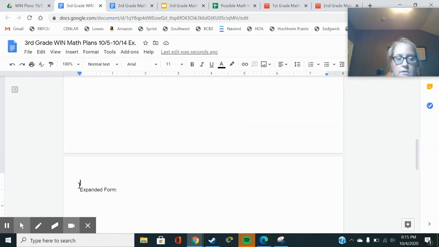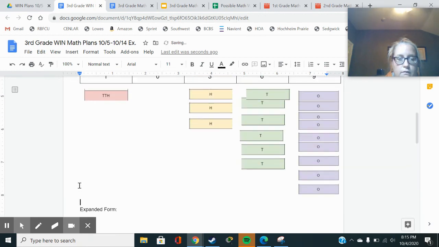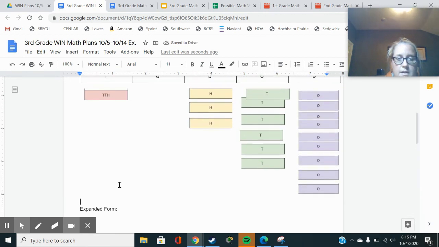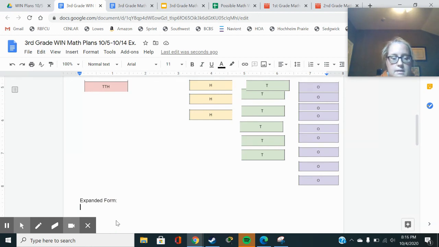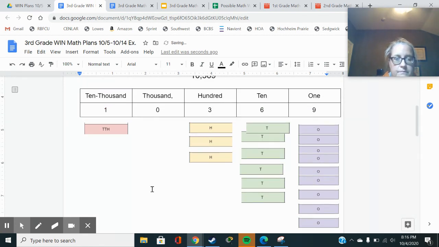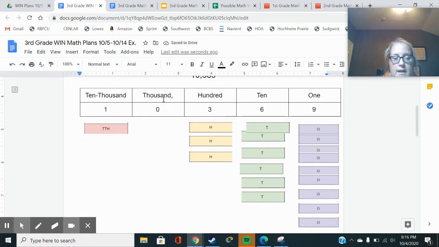And then I'm going to use that, and I'm going to build my number in expanded form. So remember, expanded form is where I write the value of each one. So I have 1 10,000. So I'm going to say 10,000 plus, remember this one was tricky. I didn't have any thousands, so I don't have to put anything there. So then I'm going to go to my next place. 300.